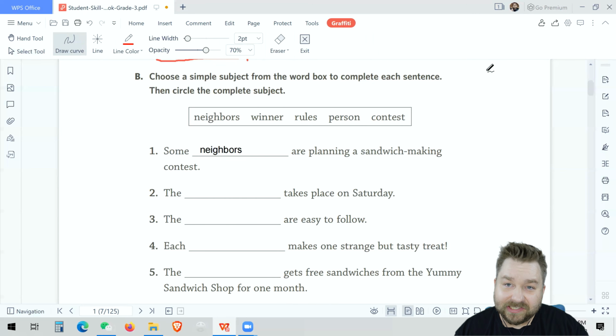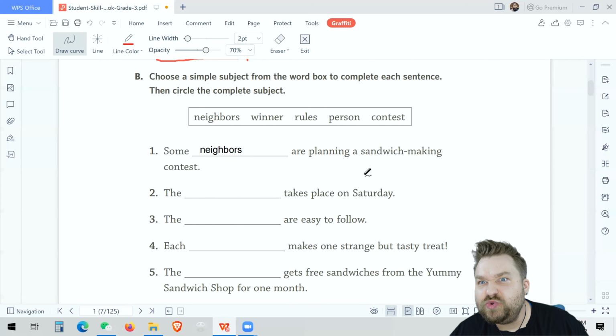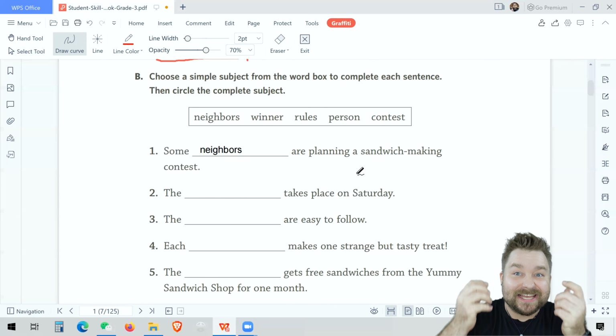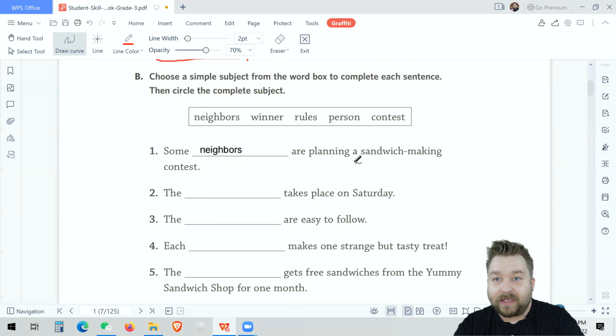Now, remember our second part is to circle our complete subject. What's our verb? Well, we have an -ing, right? We're doing something. So we have a be verb helping our verb. Helping verb. So where's our first verb? Are. Are is a be verb.